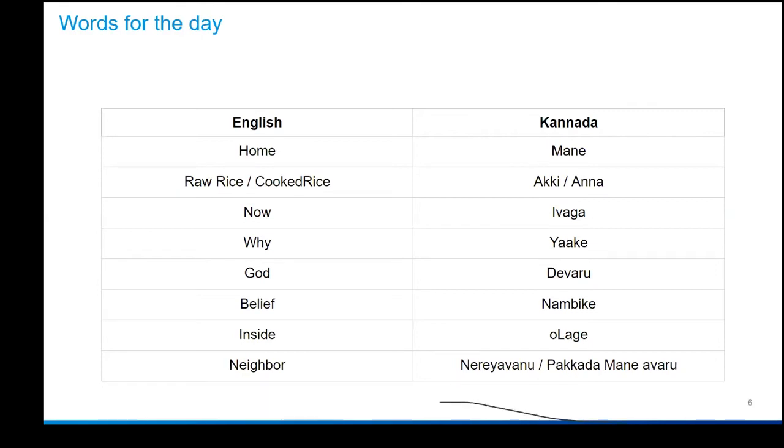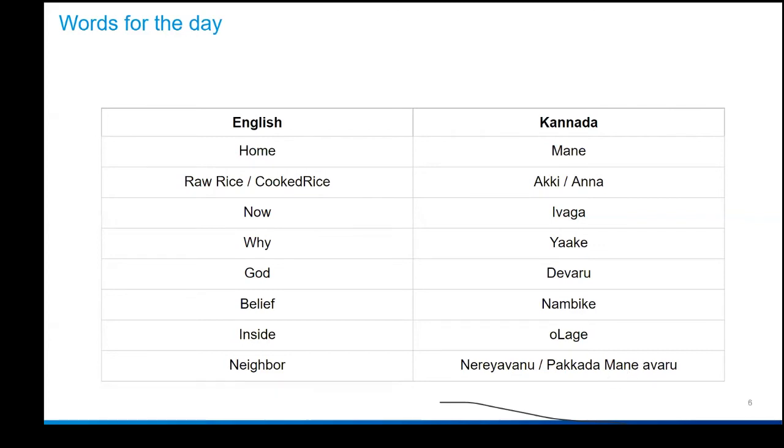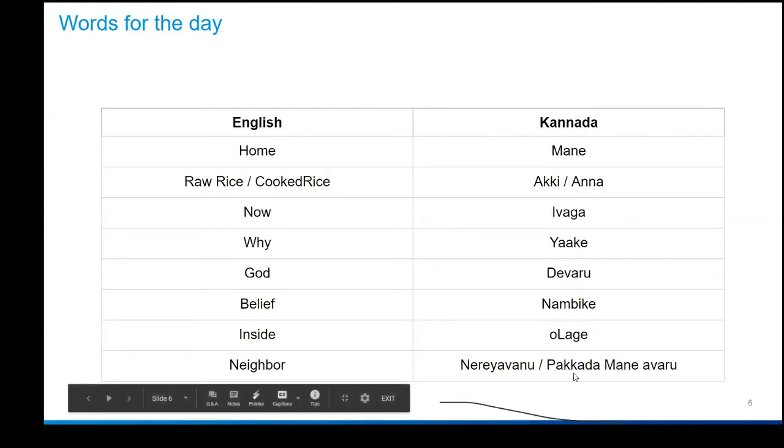So if I say Pakkadalli Kutkoli, it means sit next to me. Kutkoli is to sit. And if I tell you Nimma Pakkada Maneyavanu, I'm saying I am from the house adjacent to yours. Mane we did, house. Avanu, I'm talking about myself here, and I'm saying that I am from the house next to yours. So Pakkada is next to you.